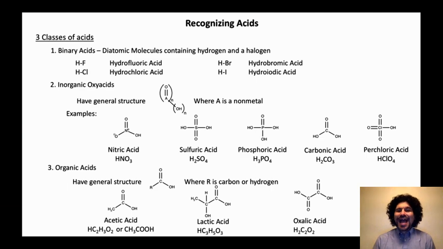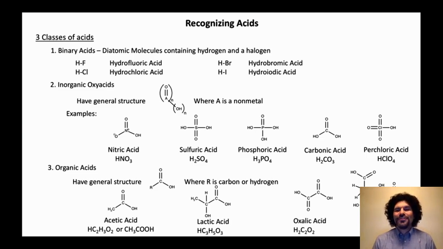Oxalic acid has two C double bond O's, two OHs, and two acidic hydrogens. And when it loses its hydrogens, it makes the oxalate ion, which is one of the polyatomic ions that you were introduced to. And then finally, another important acid is citric acid. This has got a much more complicated structure.